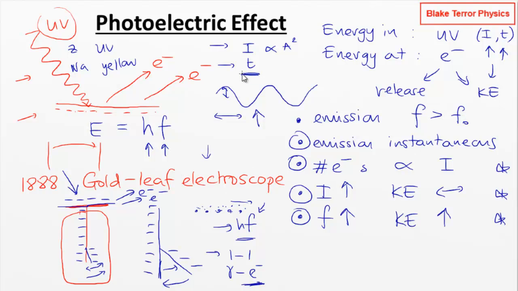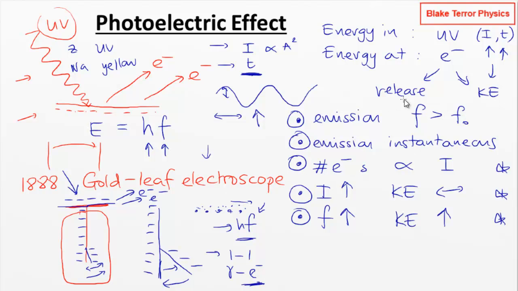We don't have this time part of the incoming energy anymore. If a photon arrives, it arrives with a packet of energy. And if that packet of energy is enough to release the electron, then great. It just instantaneously gets emitted. So it explains that.